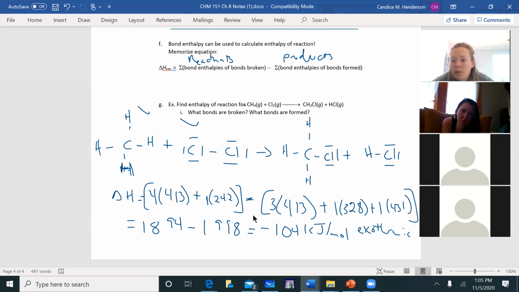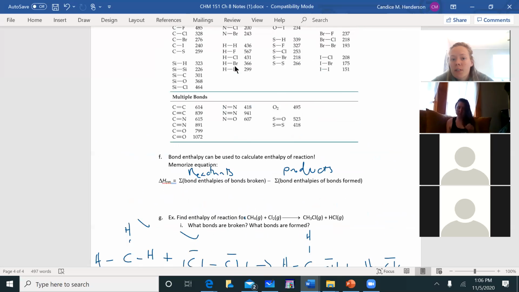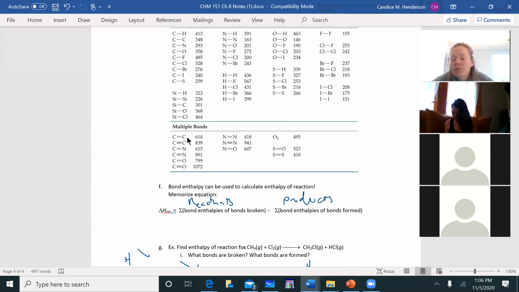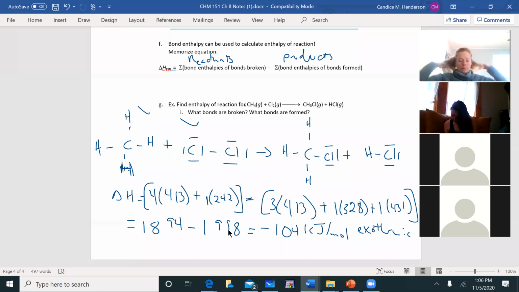Gotcha. I think I was confused by the delta H equal sign, like kind of touching the parentheses. I thought it was a negative. Oh, okay, sorry. Yeah, no. So keep them all positive because all the values here are positive. Any questions on that? You're just going to break it up and then you're going to put it back together.